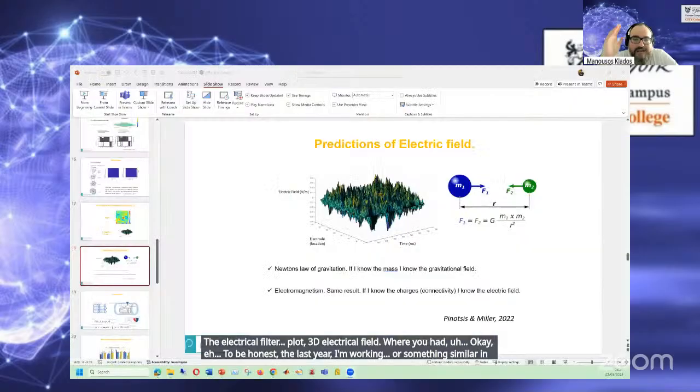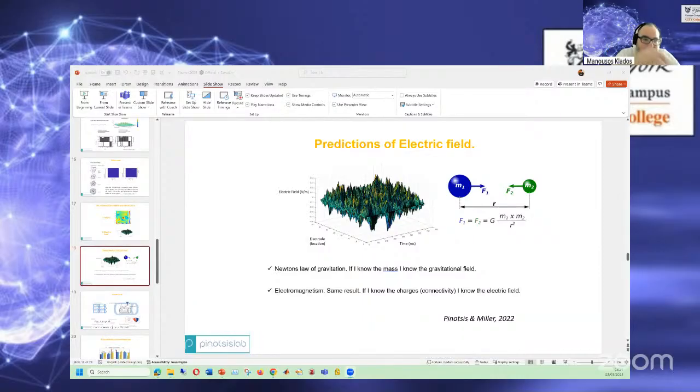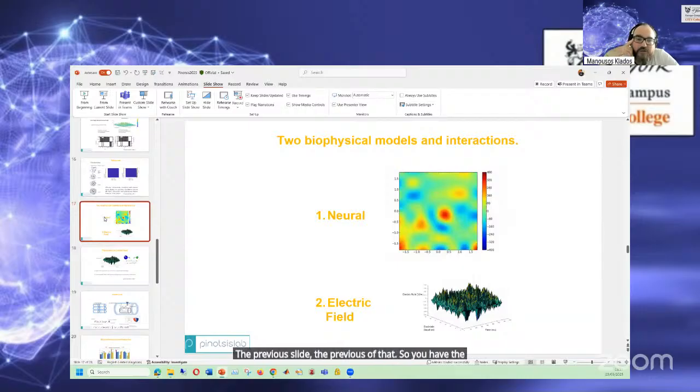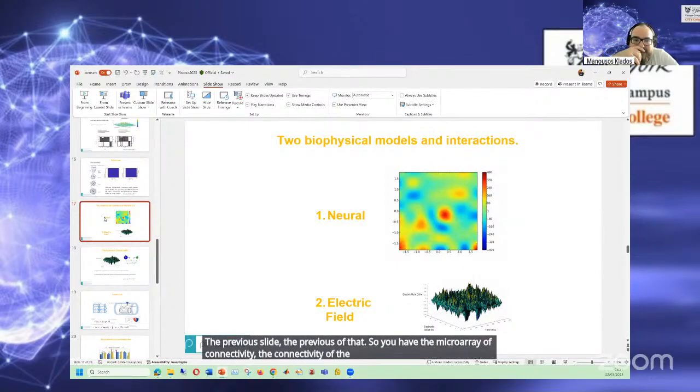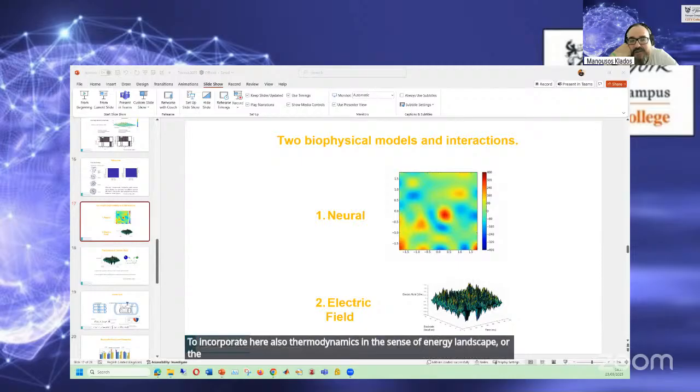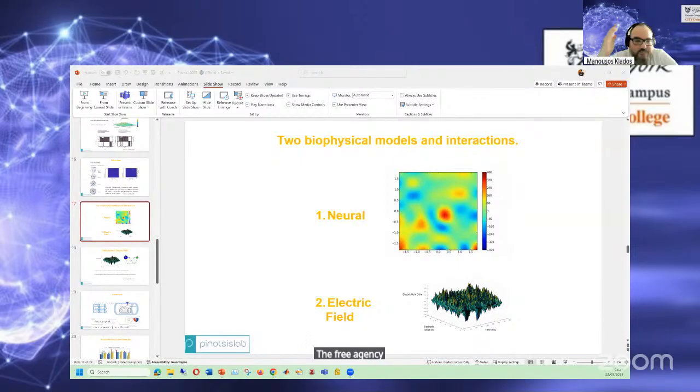To be honest, for the last year I have been working on something similar in energy landscapes. So, on the slide before that, you have the connectivity of the microarray and then the electrical field, and you see these models and the interactions. Have you considered incorporating thermodynamics here, in the sense of the energy landscape or the gradients of the free energy principle?